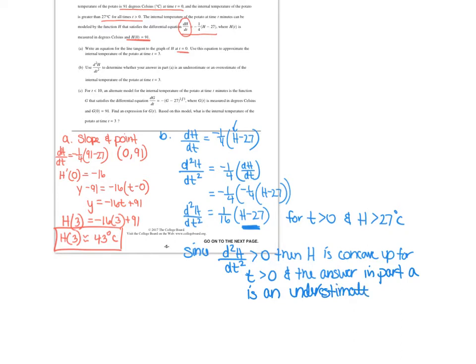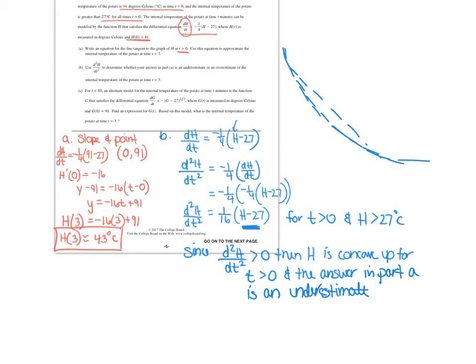Well, we know that our temperature is taken from a pot on the stove at 91 degrees Celsius. So we know that it's decreasing, right? We know it's going down. And for this, our second derivative is positive, meaning concave up.